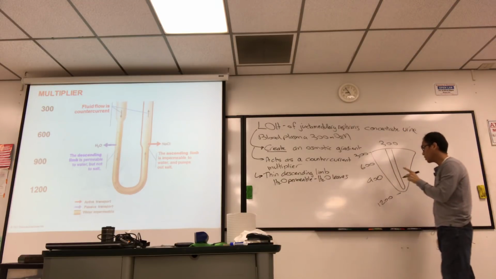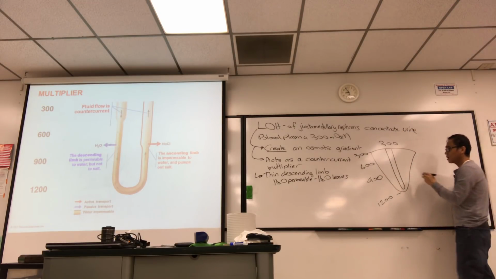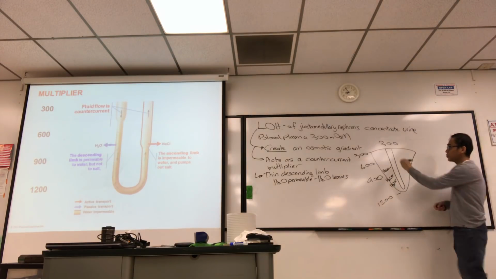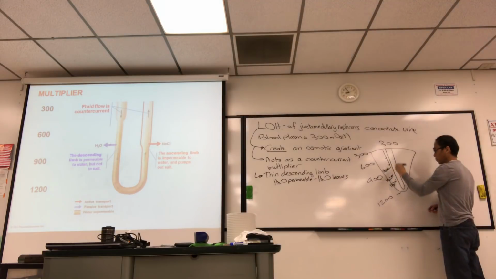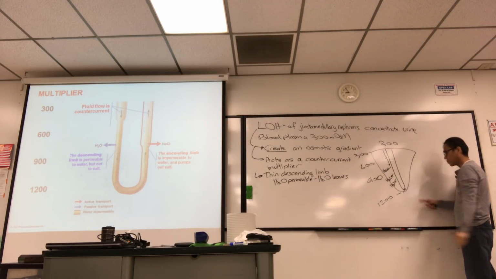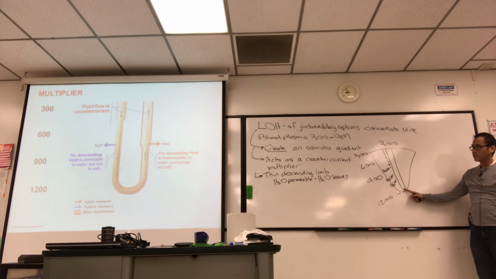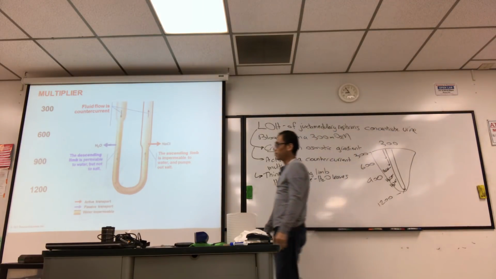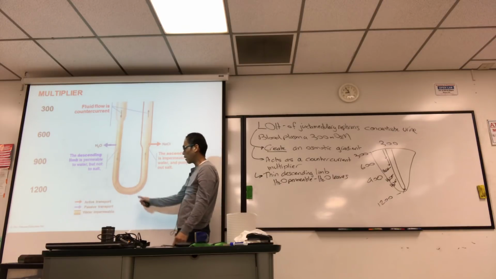So what that's going to do is it's going to concentrate the filtrate, because if water is leaving and entering the interstitium as you flow down, by the time you get, X marks the spot, to the elbow, you're removing water, it's concentrating the filtrate. So that's why they changed the color of the filtrate to a darker yellow, darker brown color.